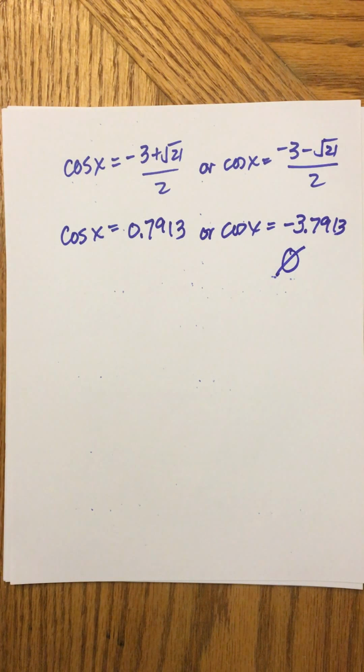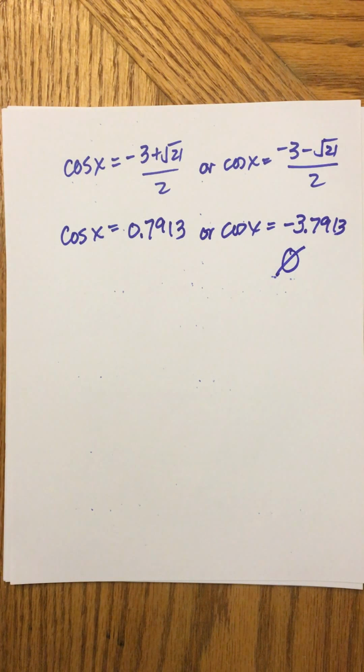So we're really only dealing here with one value. I'm looking for that angle for which the x-coordinate is a length of positive 0.7913. So we'll let the calculator find our first solution by finding the inverse cosine. And then we'll get that x is 0.6579 radians, of course.